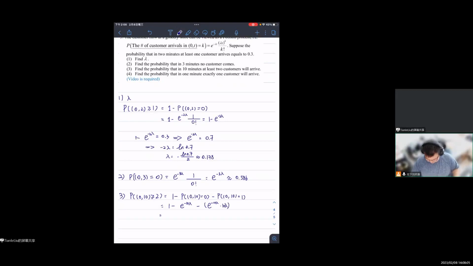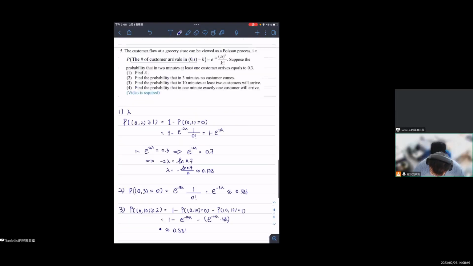To do the calculation, we do it like this: negative 10 times 0.178, minus one more, which is negative 10 times 0.178 multiplied by 10 times 0.178, which rounds to 0.531.